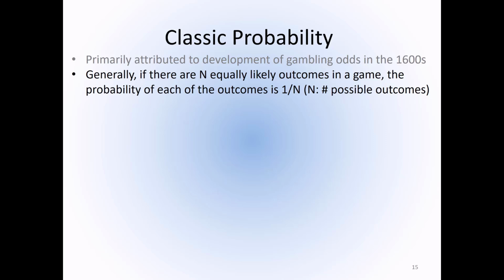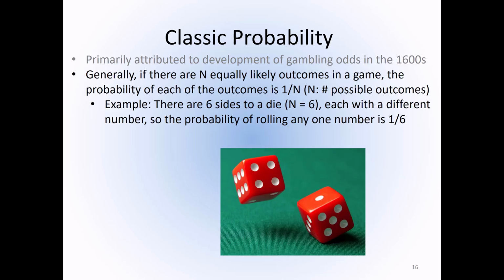So we can determine the probability of each outcome as 1 over the total number of possible outcomes, in this case big N. So let's say that we're rolling a die and there's 6 different sides and each of these numbers has an equal likelihood of coming up. The probability of any one of those numbers is going to be 1 over the number of sides of this die, which would be 6.